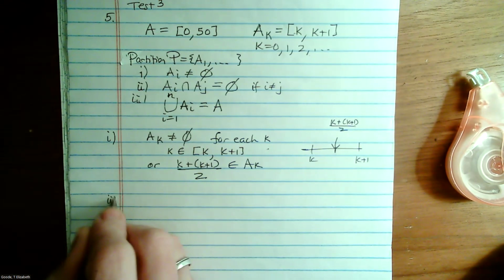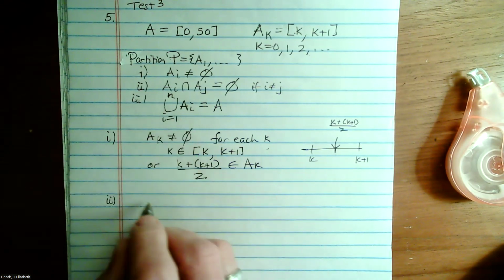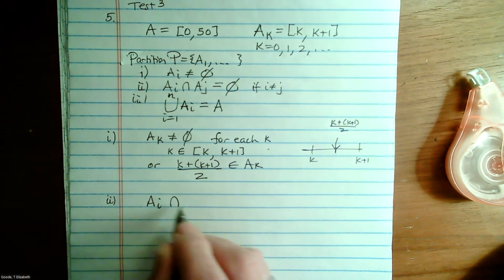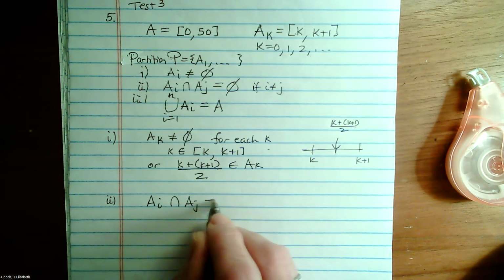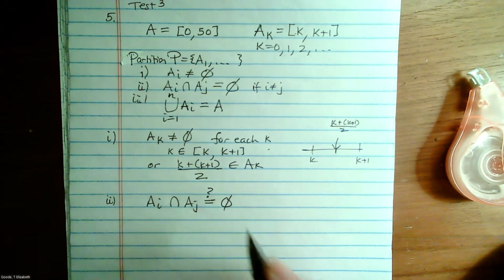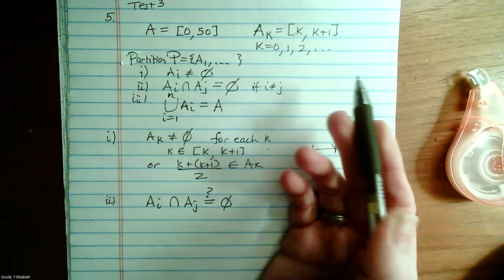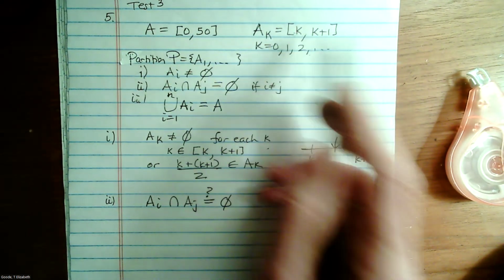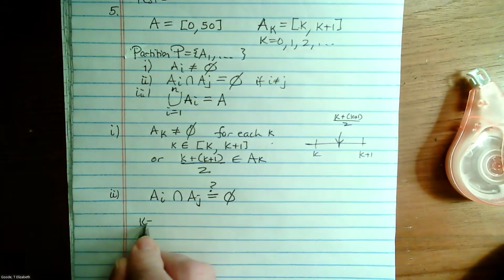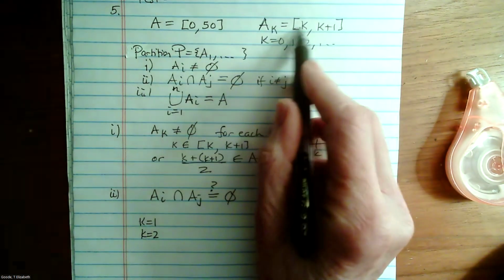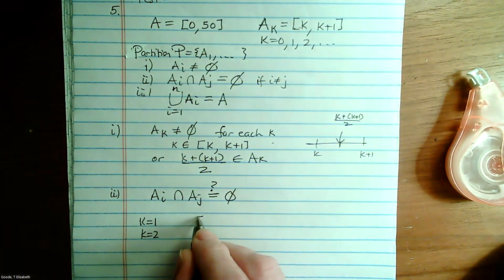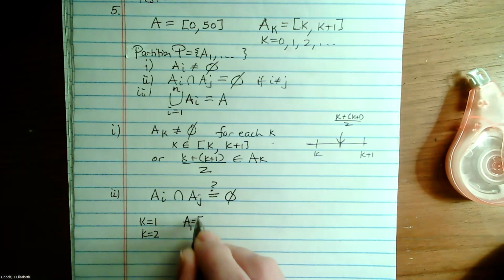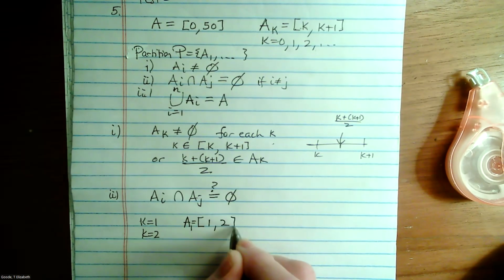Now, the second property says if we take A sub i and we intersect it with A sub j, is that always going to be empty? Well, let's try it for a couple of different values of k. Let's try k equals 1 and k equals 2. If k is 1, then we're looking at A1 and it goes from 1 to 2 inclusive.